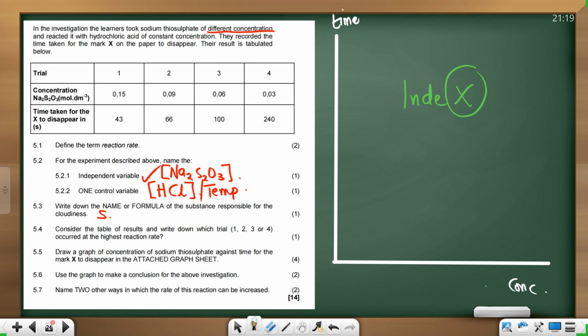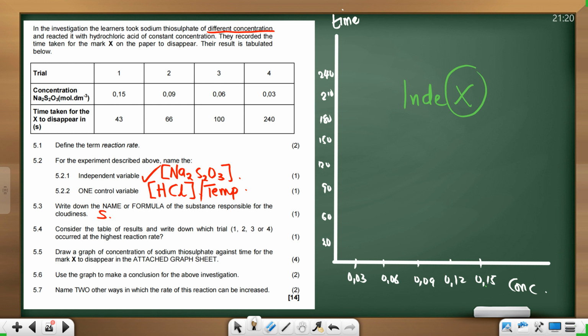And we said our independent variable is the concentration. What did I write earlier on? 0.03, 0.06, 0.09, 0.12, 0.15. And I had 30, 60, 90, 120, 150, 180, 210, and 240. Very good observation. Thank you very much.